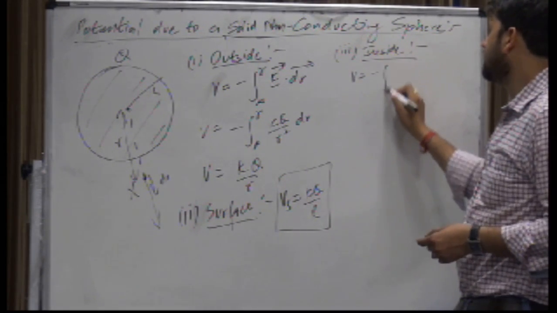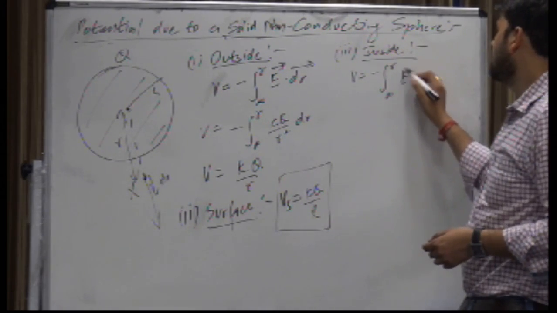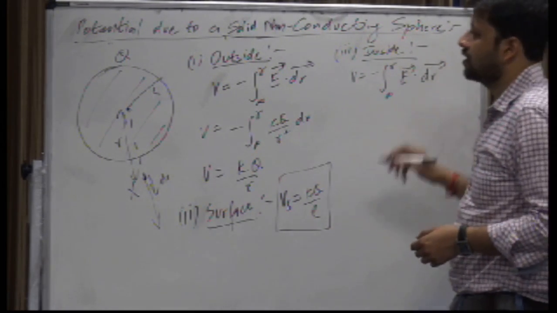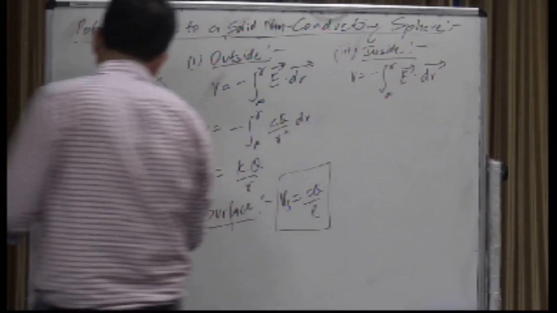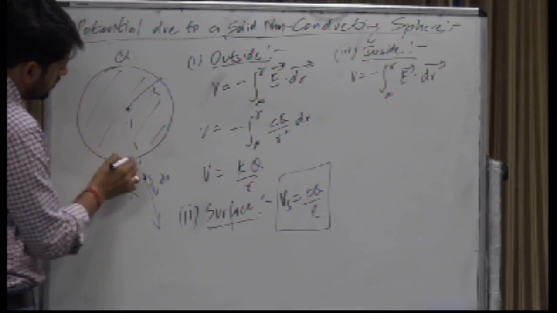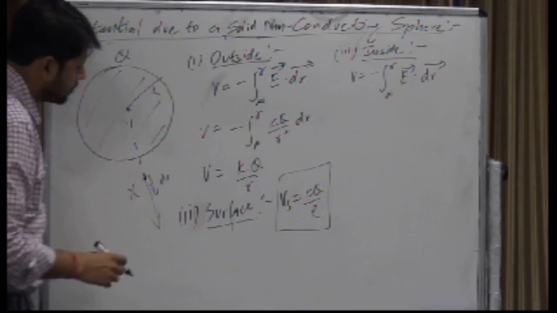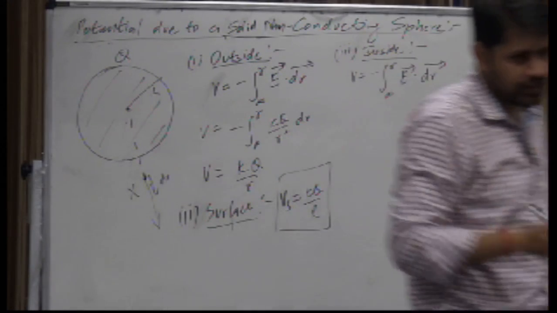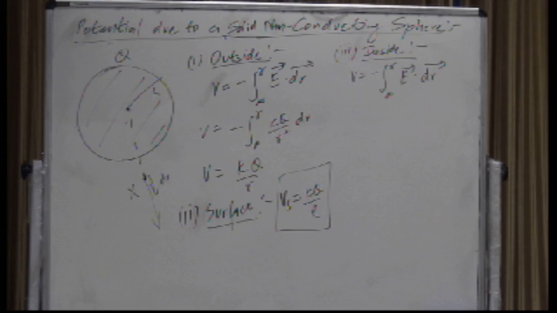V is minus integral infinity to r E dot dr. So just reach this point, till this point, because it would be a little tricky.